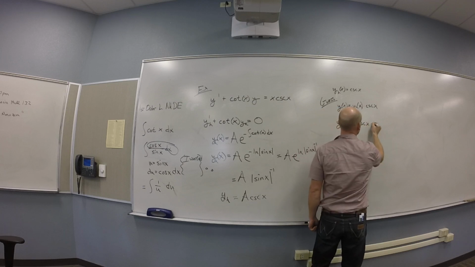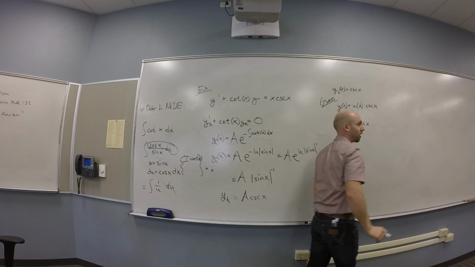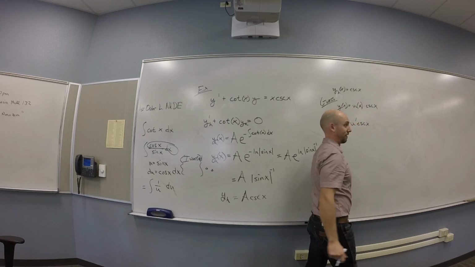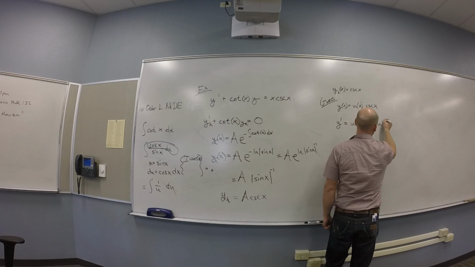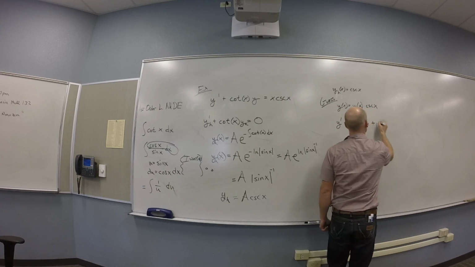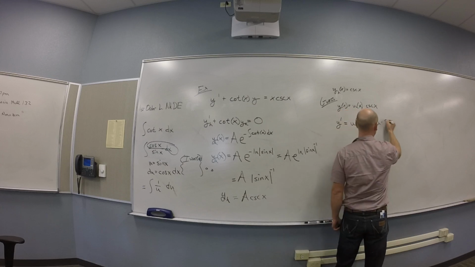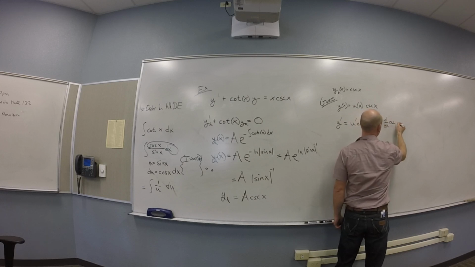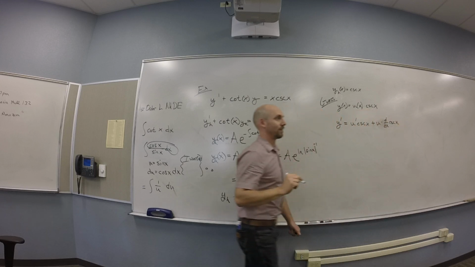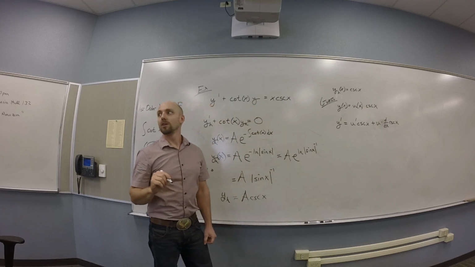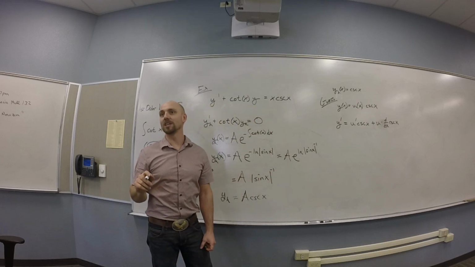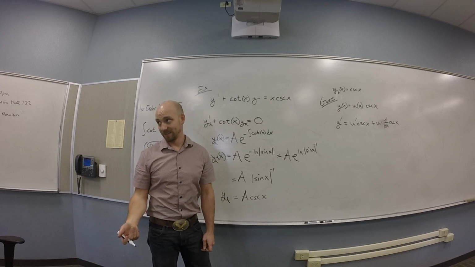Oops. Then what? Plus u of x, right? We don't suppress the of x's here. And then don't overthink this part. Times the derivative of cosecant x, because it's going to drop out. You can make your life a little easier because you know what's about to happen.